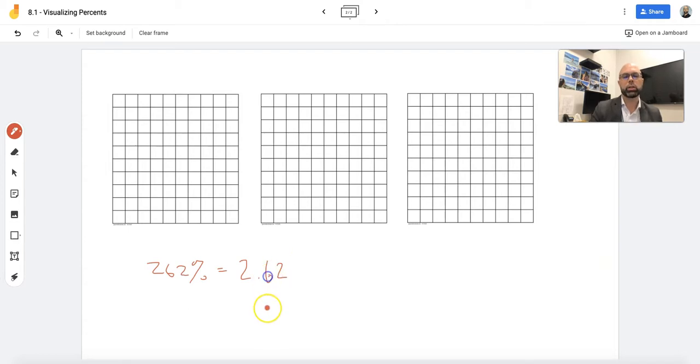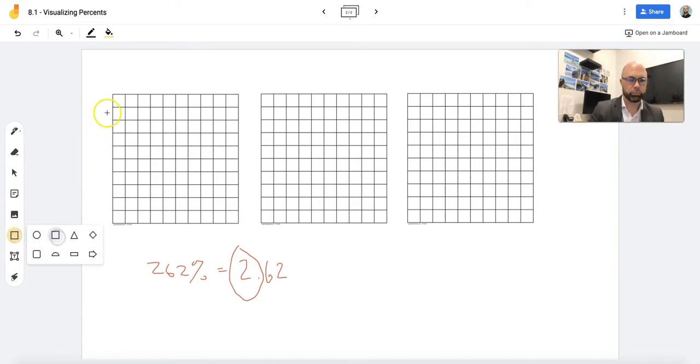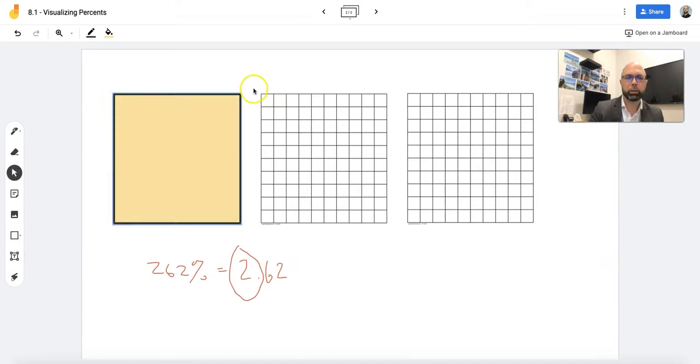Right? These two things are the same. So if you think about that, you've got 2 wholes right here. 2 wholes, and so that means we're going to cover 2 entire grids. So let's do that first.